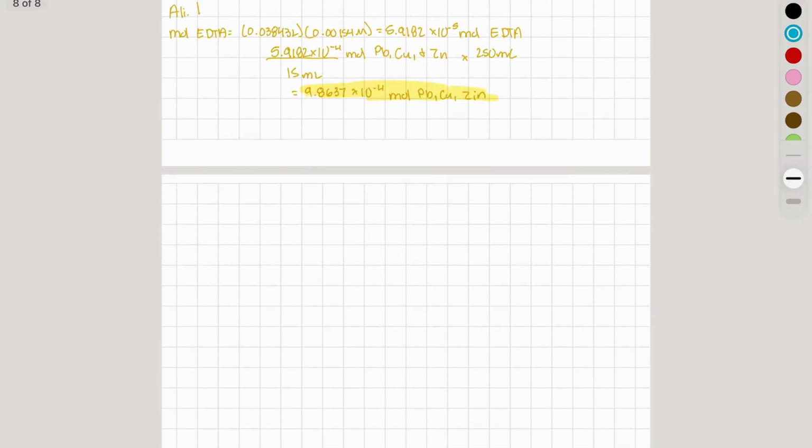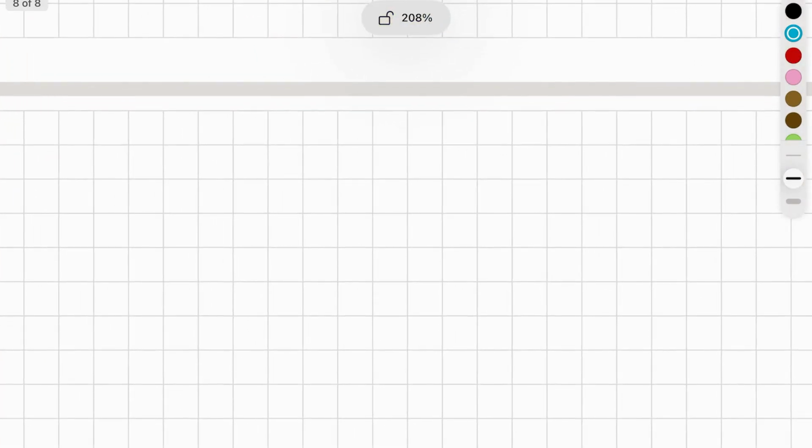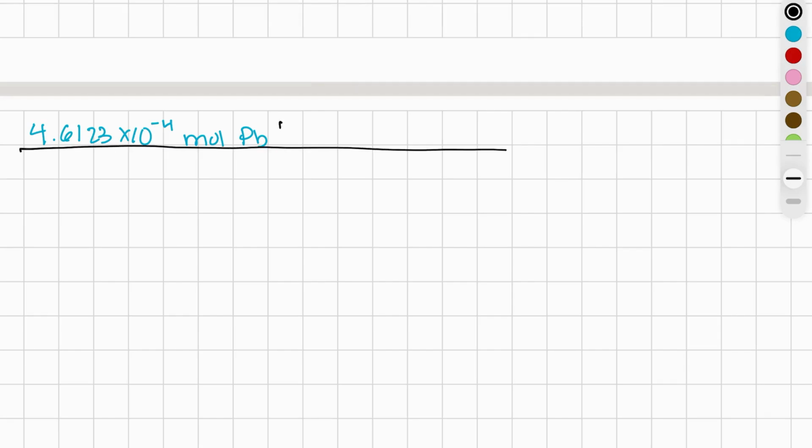So if I had 4.6123 times 10 to the negative 4 moles of lead, and remember this comes from aliquot 3, what I can do is use the molar mass to get the grams, and then use that over the grams of the total pewter times 100 to get the mass percent. So from the periodic table, 207.2 grams of lead are in 1 mole.